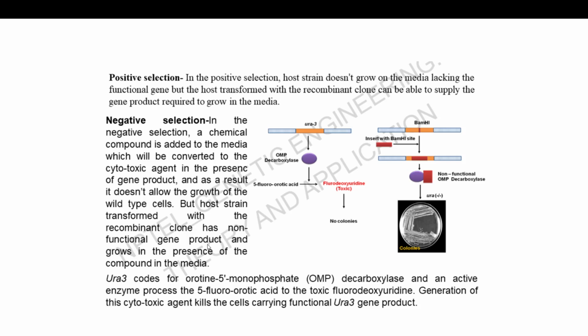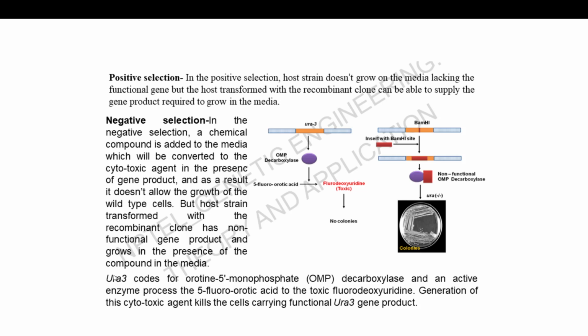a non-functional gene product, because something has been inserted in between, and hence the cytotoxicity won't be there for the recombinant host cells. The recombinant host cells will be able to grow in the presence of that compound in the growth medium.